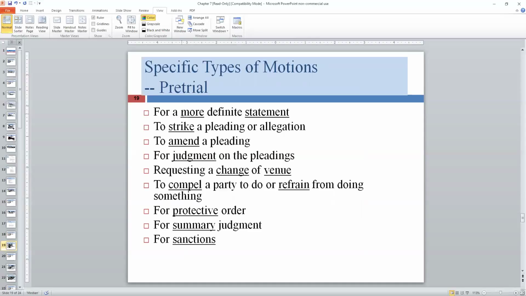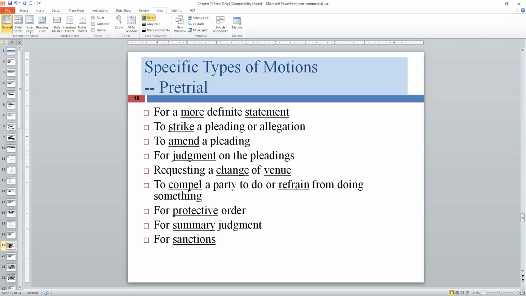Perhaps the plaintiff is pro se, and so didn't phrase things in a very legally tight manner. Or it could be that the plaintiff just doesn't have that many facts to support the claim. And so the defendant wants more details, more specifics before it feels like it can file its answer. That would be an example of a motion for a more definite statement. This relates to the complaint.